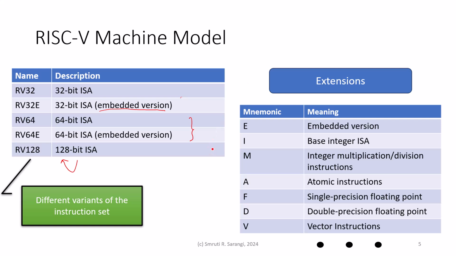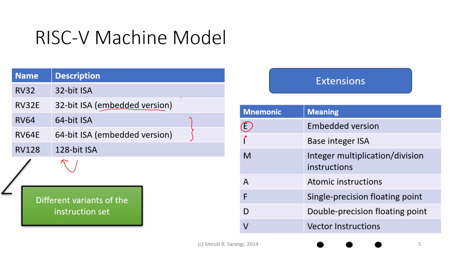So as of 2024, RV64 and RV128 are not very mature, but RV32 is very mature. And with all these instruction sets, we can have a lot of these extensions. So for instance, we have already seen the E extension for the embedded version.